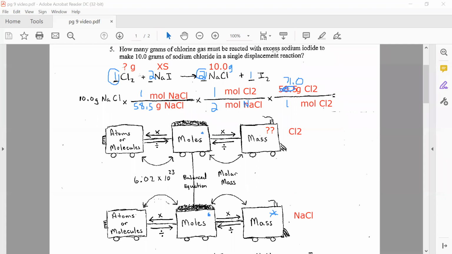I'm just going to write that in here. 6.07, and that would be Cl2 at the end.